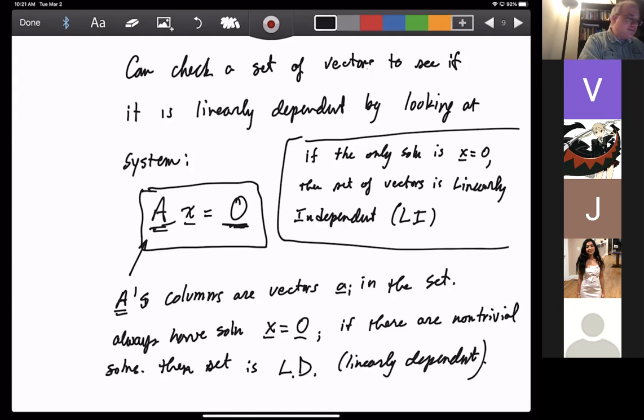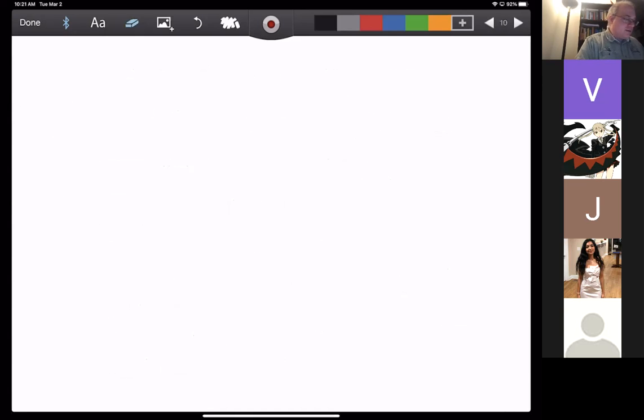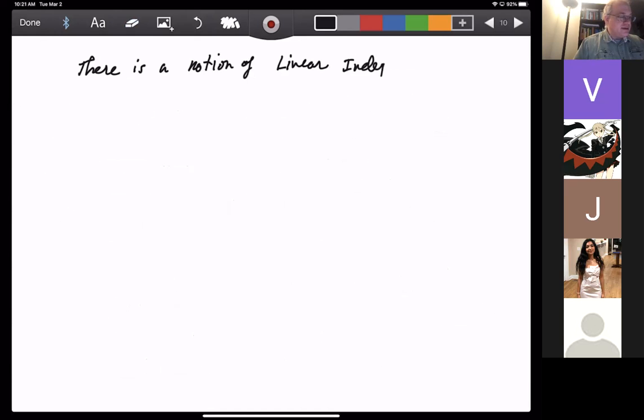All right, so when we get to differential equations, there's a notion of linear independence and linear dependence for functions as well.